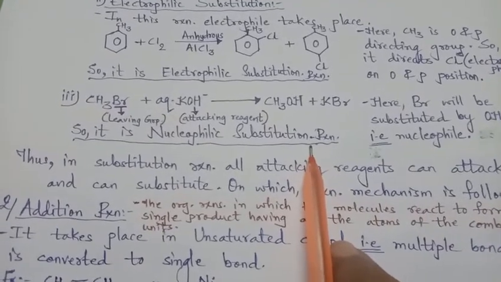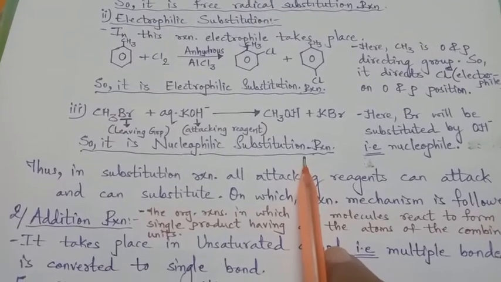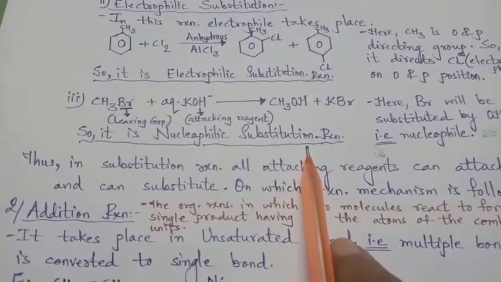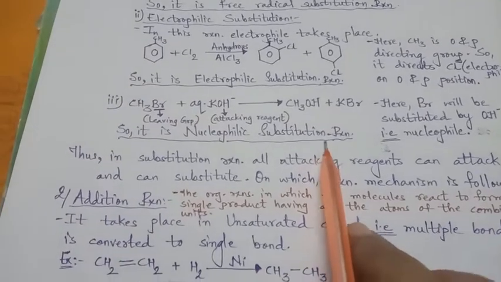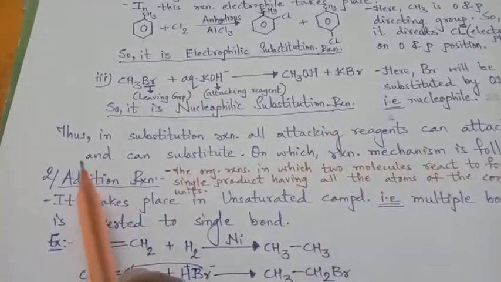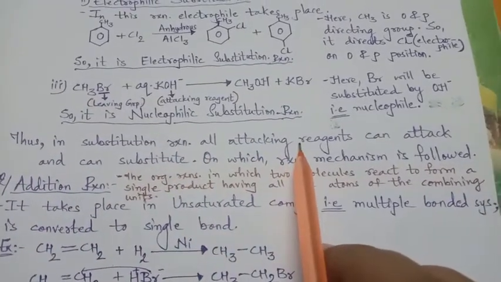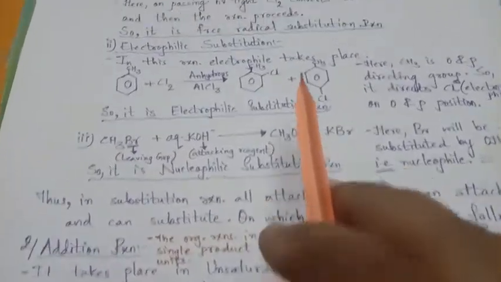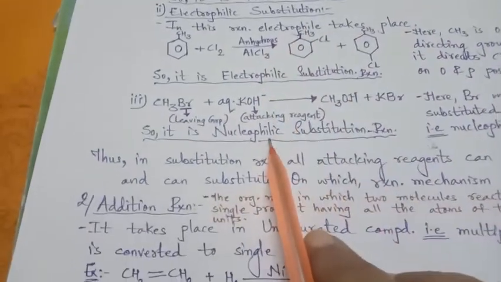I told you in the last video to please pay attention to electrophilic, nucleophilic and free radical reactions because we will need to understand them in the reactions. Thus in substitution reactions all attacking reagents can attack, that is free radical, electrophilic and nucleophilic.